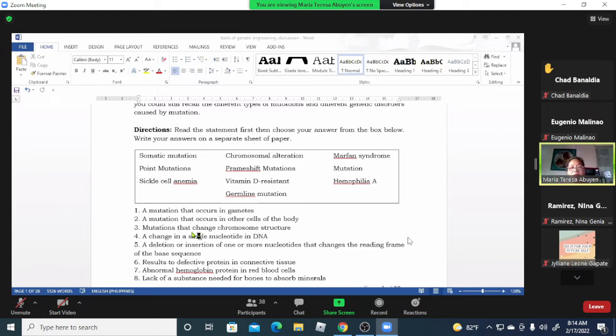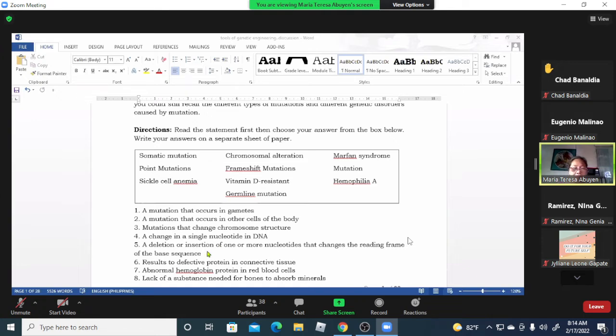So in chromosomal mutation, there is a change in the structure of the chromosome itself, where it may become lengthened or shortened. Actually, the main cause for that is breaking the arm of the chromosome.